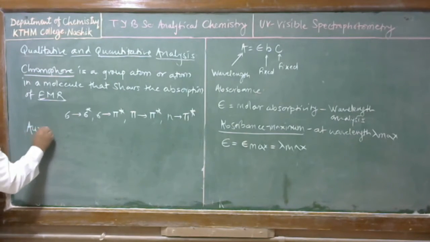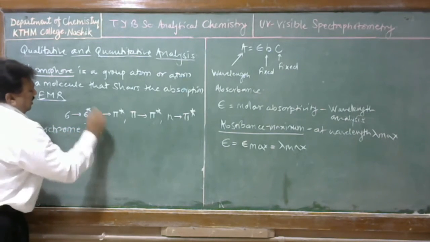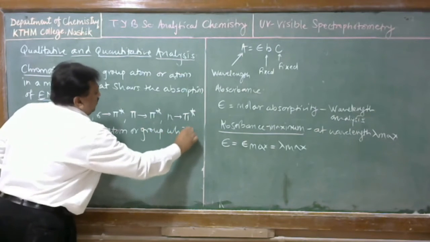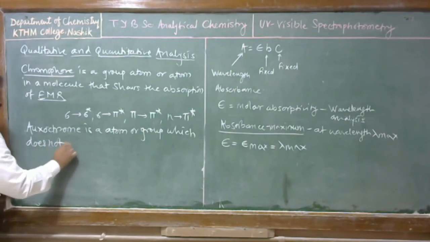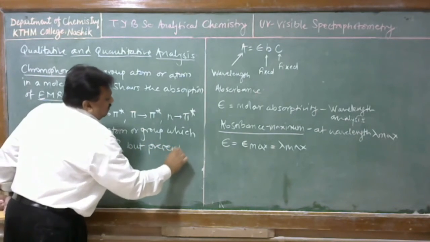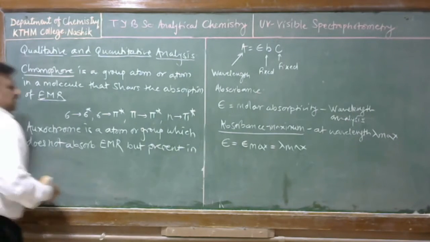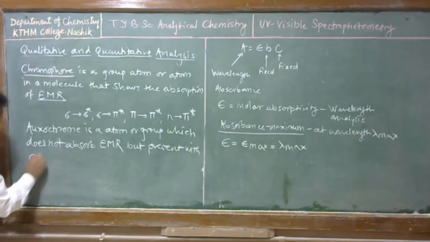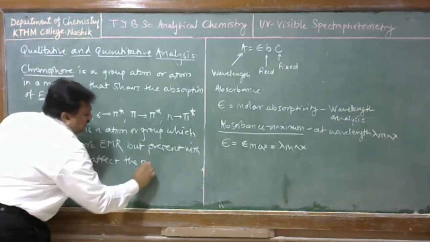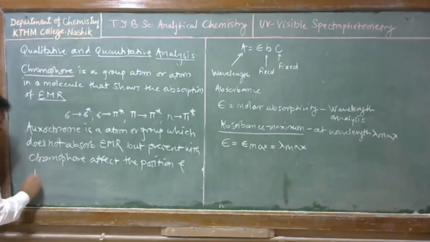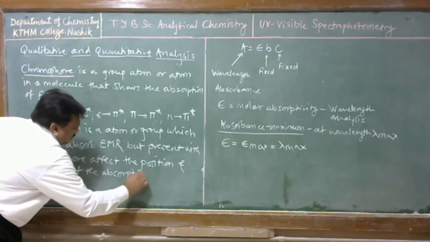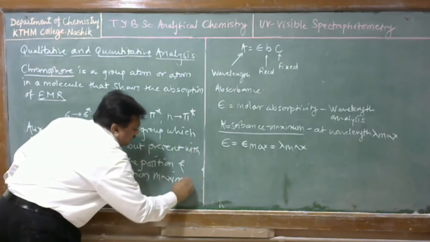Therefore, an oxochrome is an atom or group which does not absorb electromagnetic radiation, but when present with a chromophore, affects the position and intensity of the absorption spectrum, the absorption maxima of the compound.